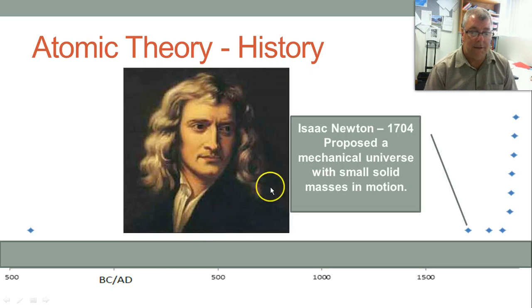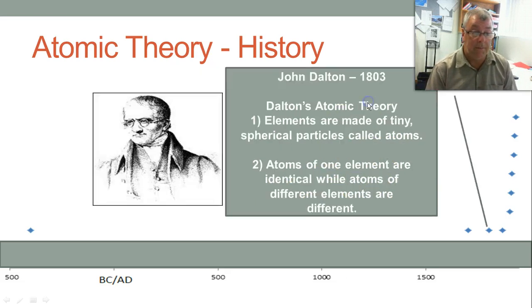And then there's a long time before anyone actually made any other major discoveries. There were the Dark Ages, and there was a lot of time when science didn't really get much of a play. But Isaac Newton in 1704 said the universe is made up of small solid masses in motion, which was pretty close to what we were thinking.